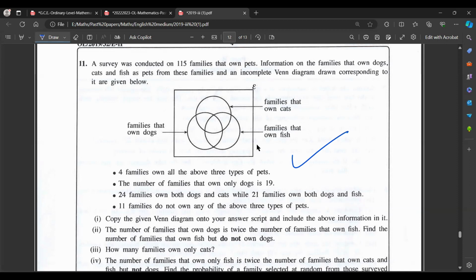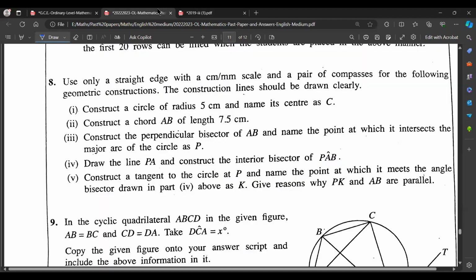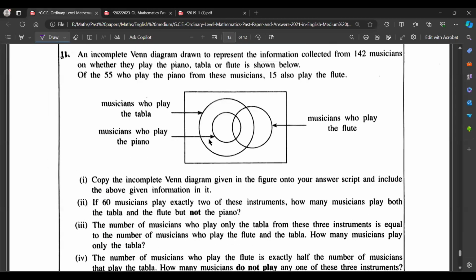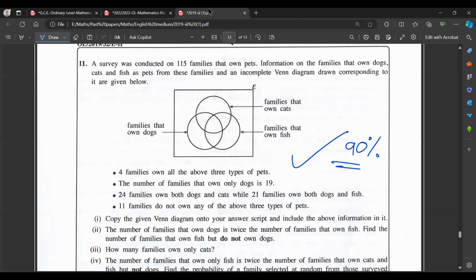This is my opinion, not sure. I think 90% they will ask you like this, otherwise they will ask like this, which may be 10%. This is my guess. They will ask questions like this. You can do the 2019 one, it is better.